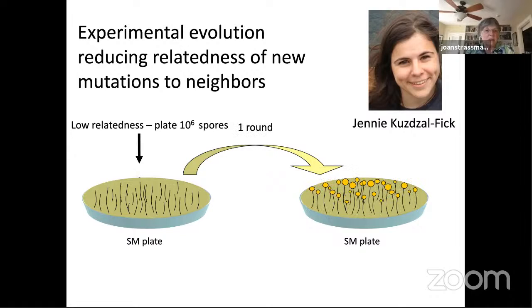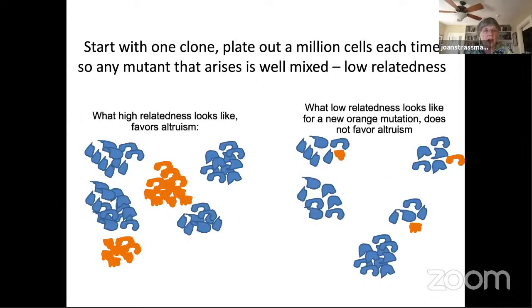They started out clonal, so they'll stay clonal. But in fact, they won't, because we're doing 1 million cells each time, so any mutant that arises will not be with others like itself. If it is a cheater that's good at cheating but bad at something else, it could still proliferate because it's got all these other guys around it. So we were just relying on random mutations and the fact that we were moving 1 million cells each round.